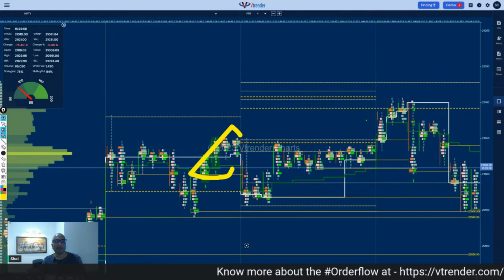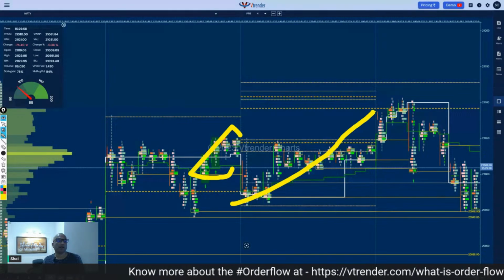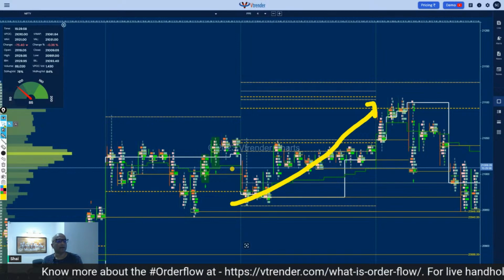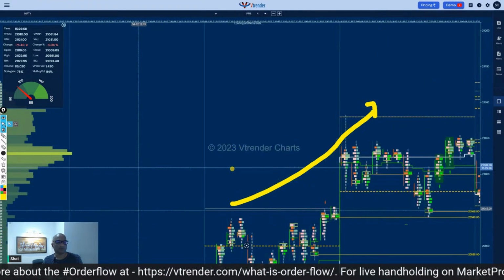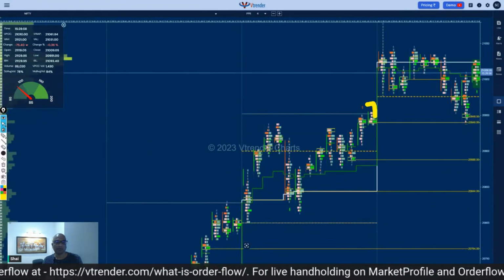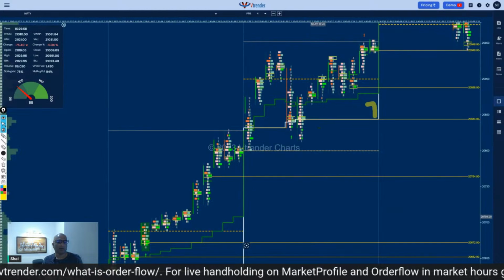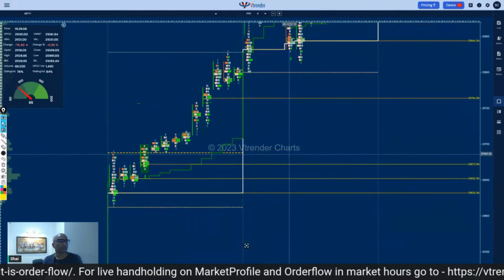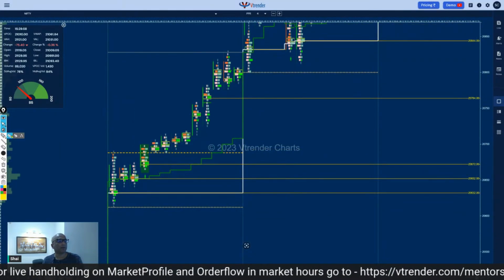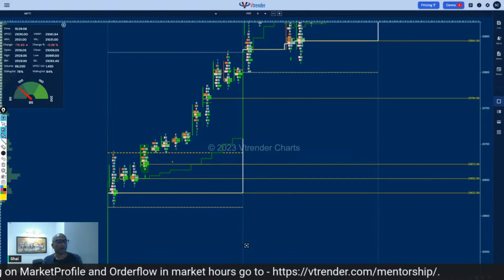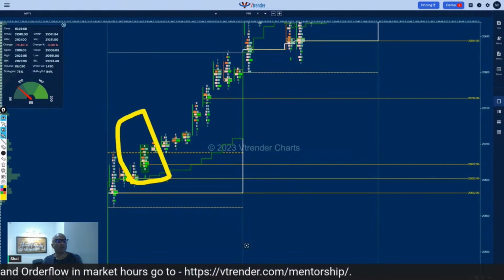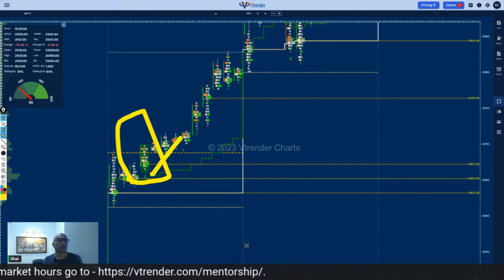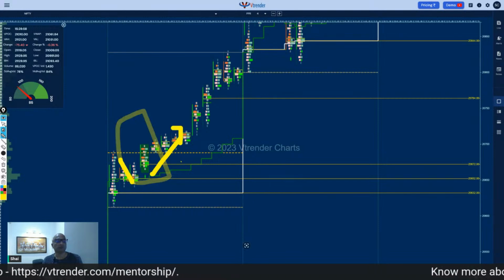This was demand, and this demand pushed the market further up, right? Then earlier there was another IB bar which came around over here, an initiative buyer. So every time you see this, the market has got demand and it is going to push the market higher.